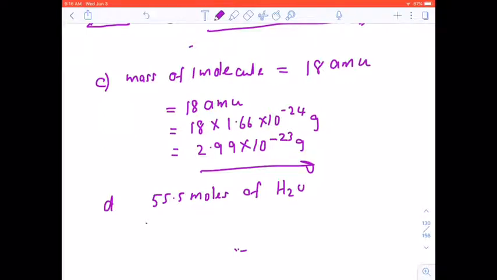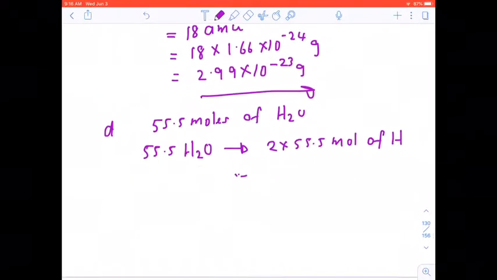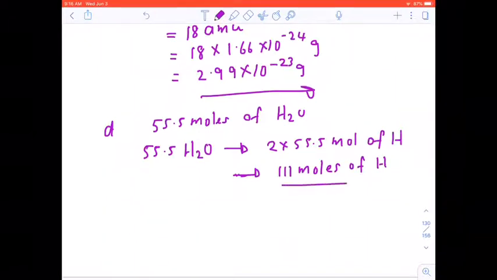It implies that I have got 2 times 55.5 moles of H in there, isn't it so? Which means that I have 111 moles of hydrogen atoms in here.